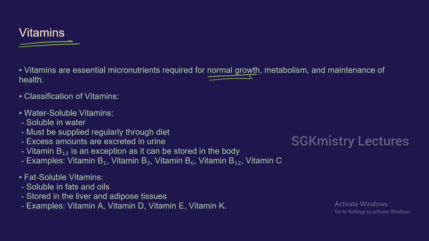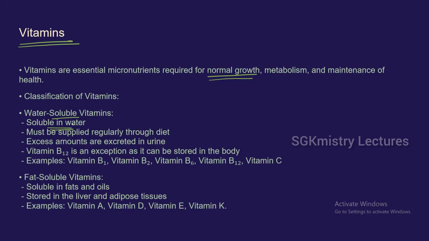Based on whether they are soluble in water or soluble in fat, we have two different types of vitamins. Water soluble vitamins are soluble in water. Since they are soluble in water, they are excreted from our body through the urine. Because of this, we need to take these vitamins in our diet regularly.